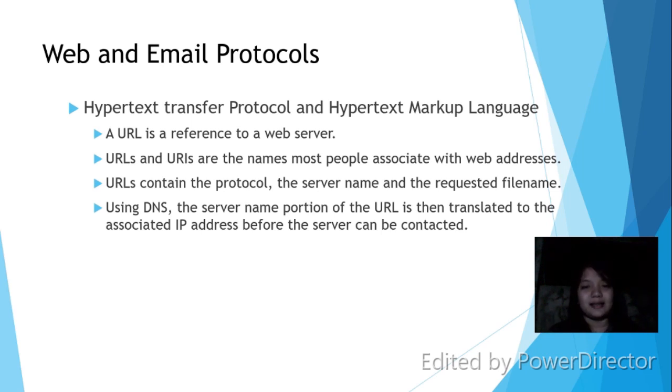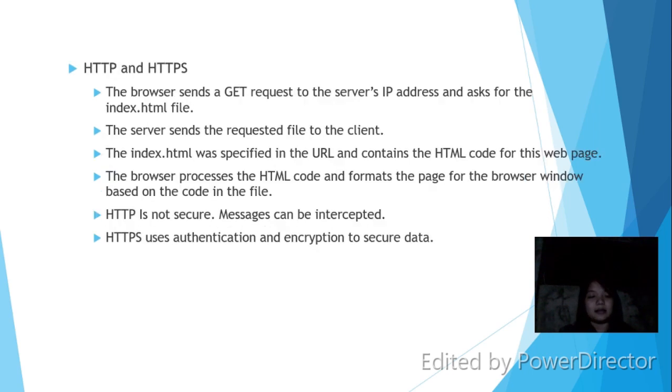Most common URLs contain the protocol, the server name, and the requested file name. Using DNS, the server name portion of the URL is translated to the associated IP address before the server can be contacted.